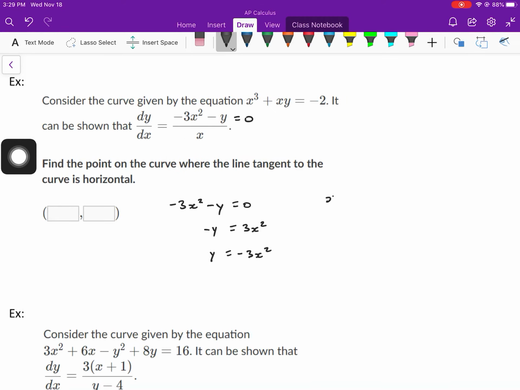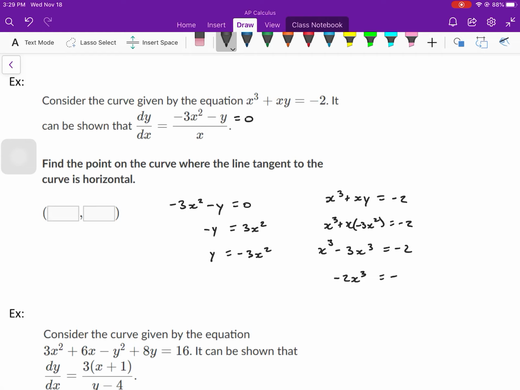Substitute it in up here for the y value. This is almost exactly the same problem.